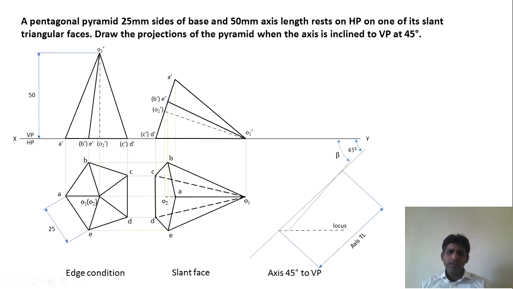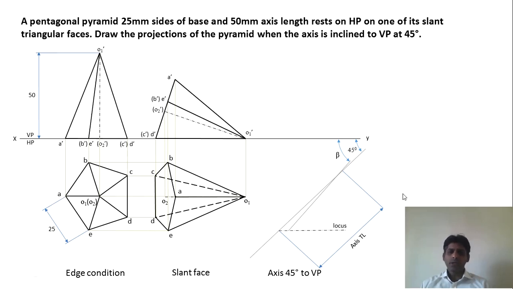Next, you measure O1 O2 from this apparent top view, and from the point O1 you cut another arc on this locus and you join this arc to O1 dash. Wherever it has cut the locus line, that point, let it go through O1 and you extend this back and it makes a certain angle with XY line. That is nothing but the apparent inclination.